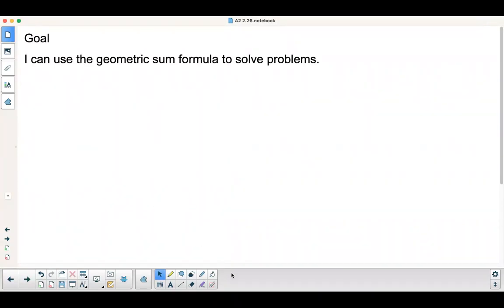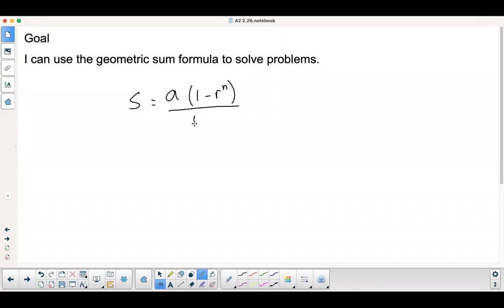If you need a refresher on what the geometric sum formula is, it's S for sum equals A times 1 minus r to the n over 1 minus r. S is your sum, total sum.